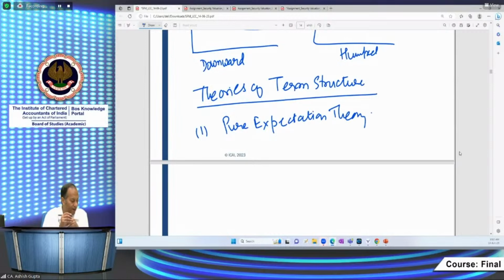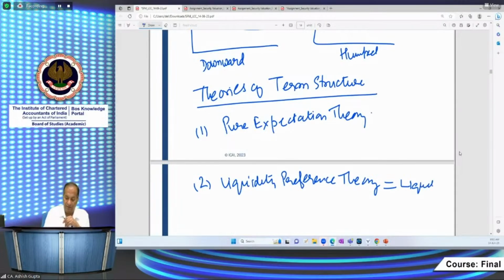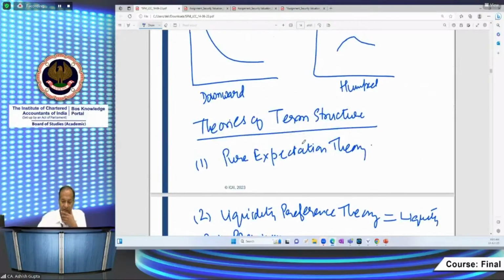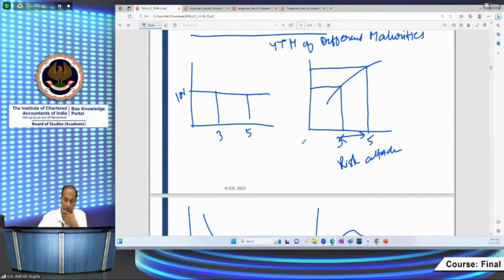It normally goes by expectations. Next is the liquidity preference theory. It says there is a liquidity risk premium. How we compute a liquidity risk premium, but here it plays the role.